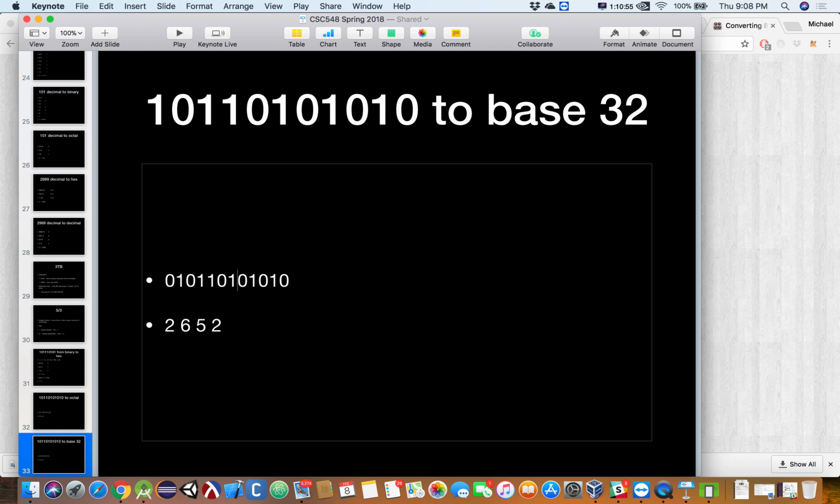We would do chunks of 5. So this is a 1. This is a 1s, 2s, 4s, 8s. This is 12, 13. That's a 13. This is the 2s plus 8. This is a 10. So that is 1DA.